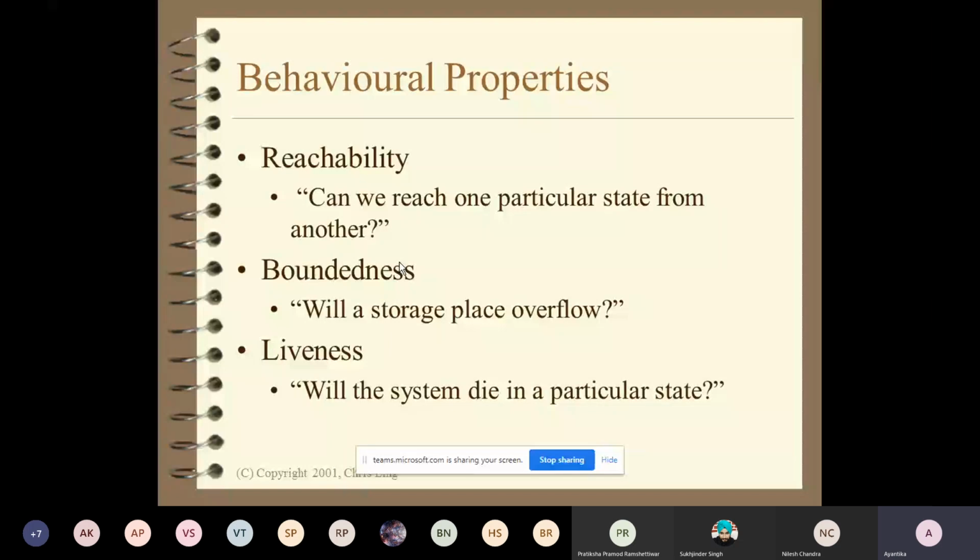Now, what is the important part of the Petri net? With this design, we can analyze our model based on some behavioral properties. What are those properties? One is reachability. Reachability means: can we reach one particular state from another?